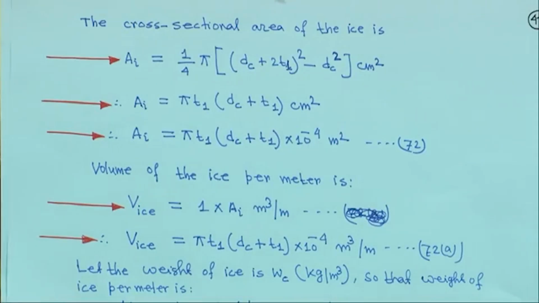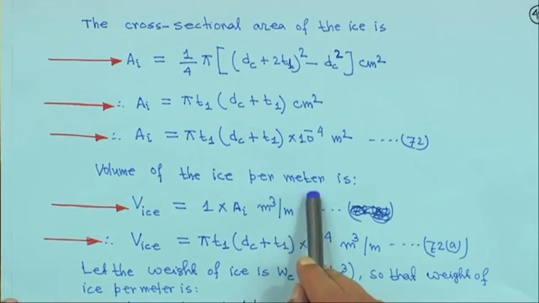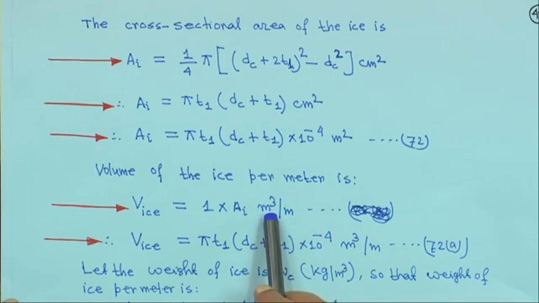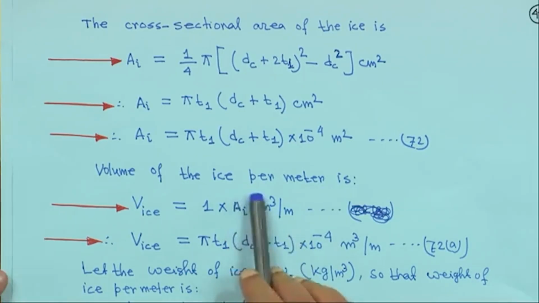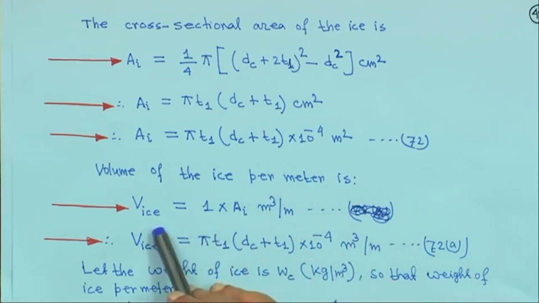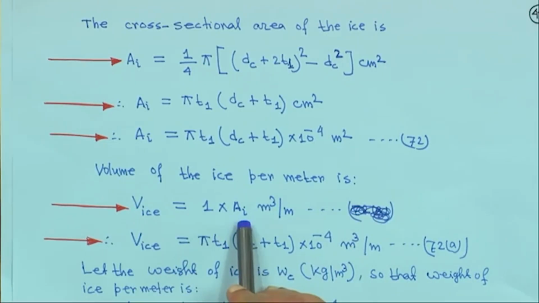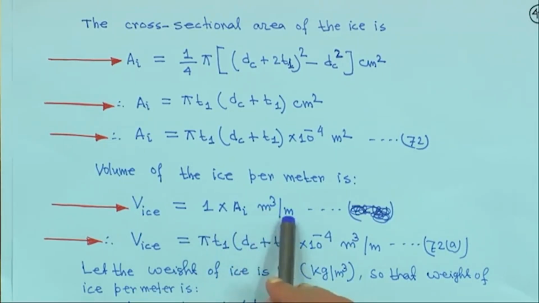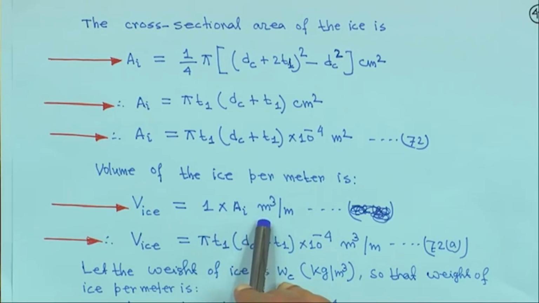Now, the volume of the ice per meter: whenever we talk about volume of the ice, you will see meter cube is the volume, but when we say per meter it means 1 meter length. So, suppose you assume 1 meter length, then the volume is 1 into the cross sectional area, so 1 into A I meter cube per meter. When I write meter cube per meter it means the volume of 1 meter length of the conductor covered with a uniform thickness of ice T1, and that means its volume will be 1 into A I meter cube per meter.